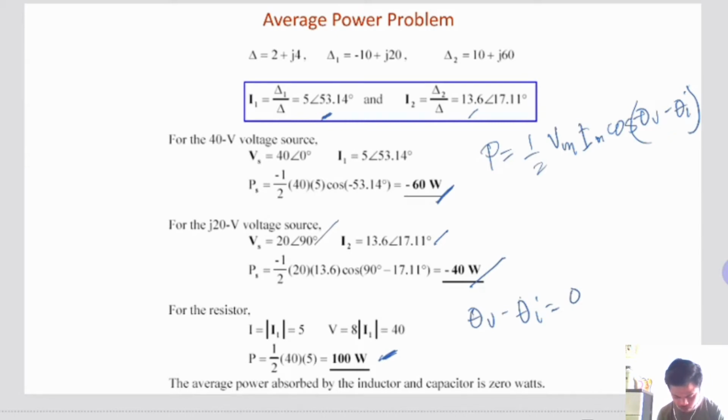For inductor and capacitor, the average power is equal to 0 since theta V minus theta I is equal to 90 degrees.